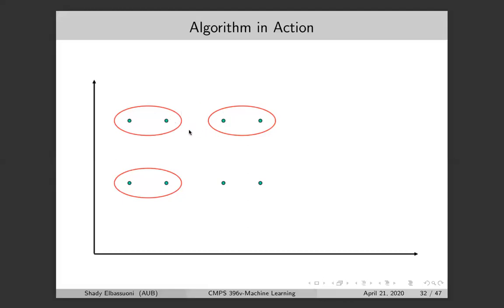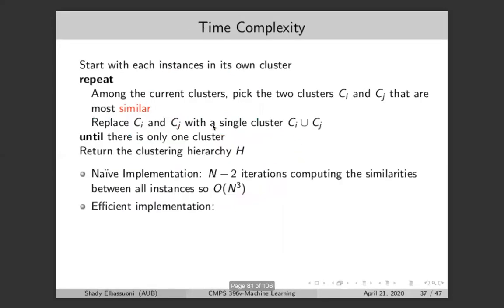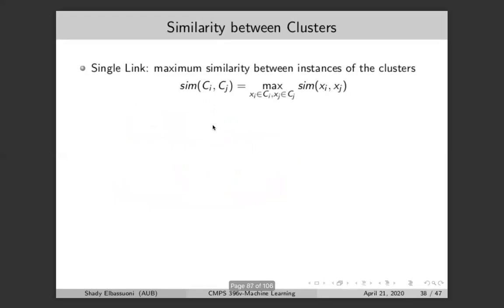So I measure this value, keep track of it, measure the similarity between this and this and this and this, and then the maximum similarity would be between these 2 points. The largest maximum similarity, yeah, that would be the closest one. So in that case, I would pick these 2 guys. Okay, so that's called single link.